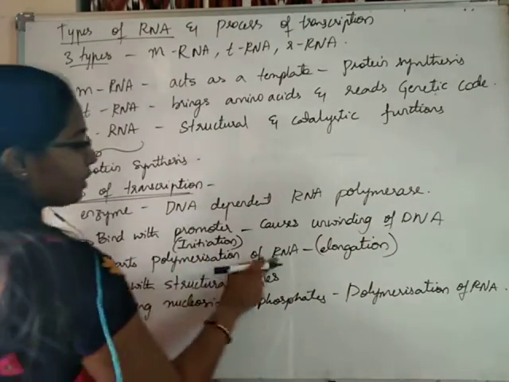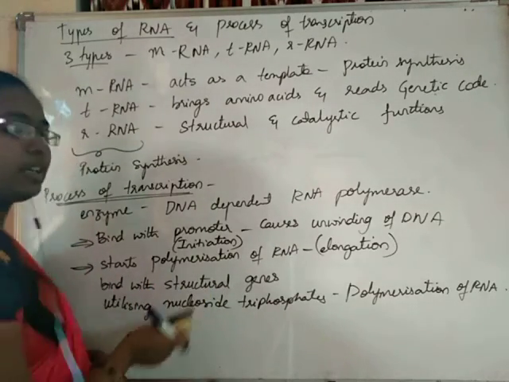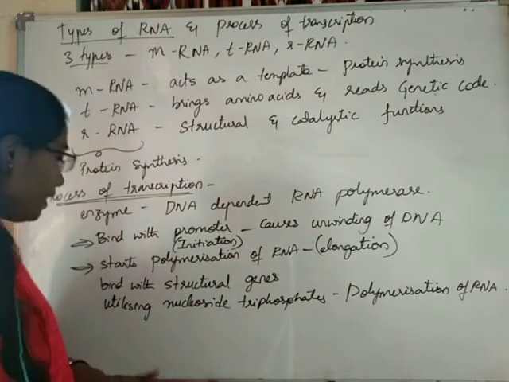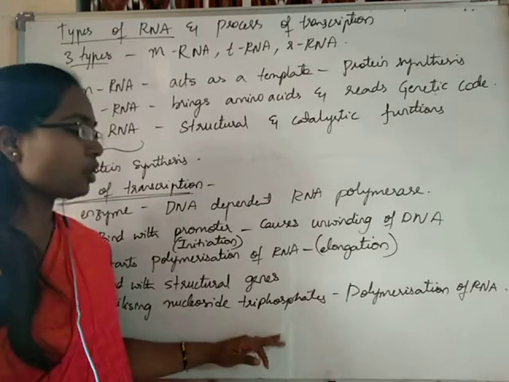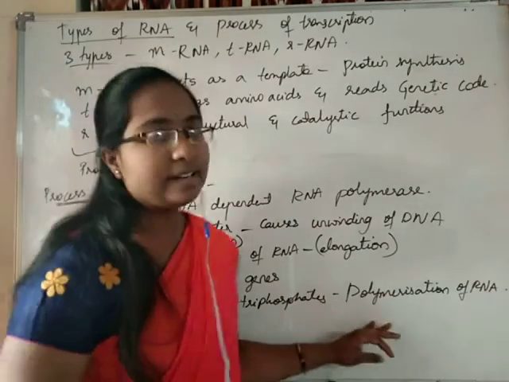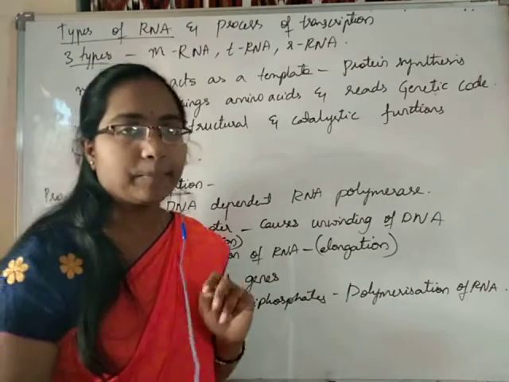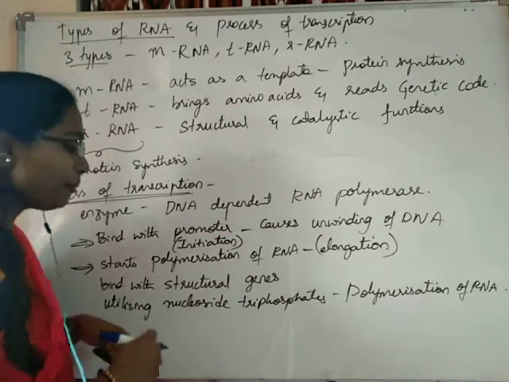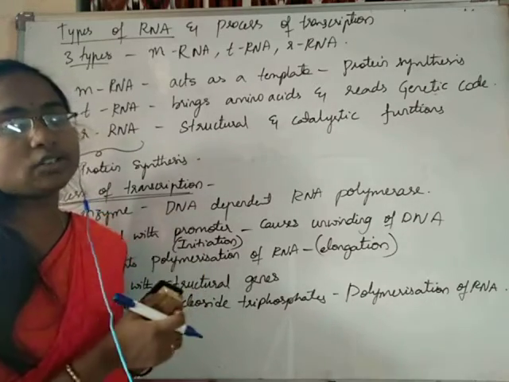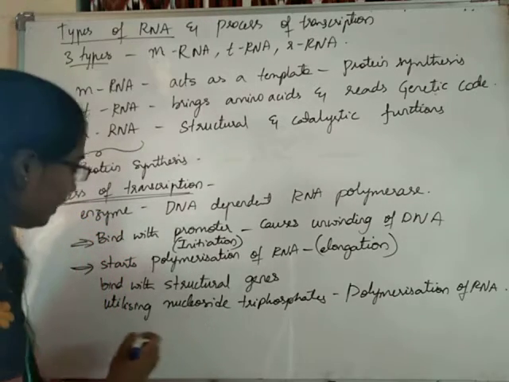The enzyme DNA dependent RNA polymerase binds to the structural genes of DNA, utilizing nucleoside triphosphates, and causes polymerization of RNA. It continues to elongate the RNA until reaching the terminator.